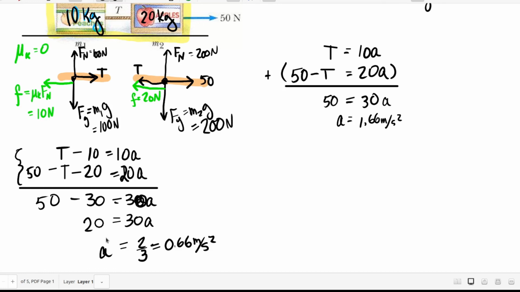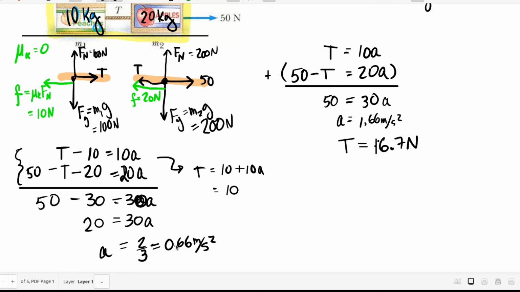But what about the tension? Let's sub back in and see what the tension is. Here first in the first case, the tension is 10 times the acceleration. So the tension in this first case with no friction is 10 times 1.66. That is 16.7 newtons. And here in the second case, I see that T is equal to 10 plus 10a.